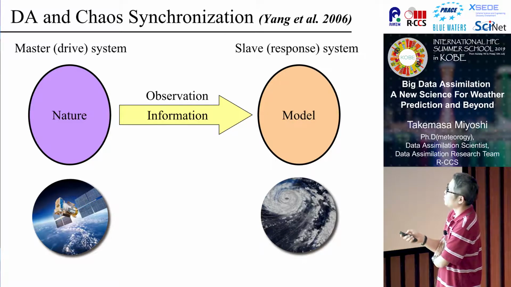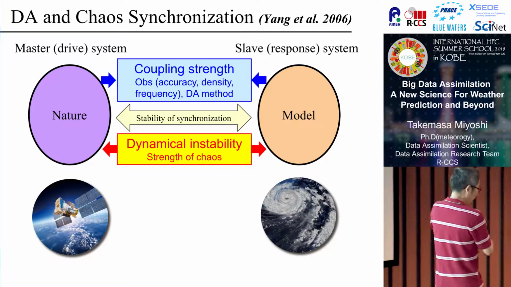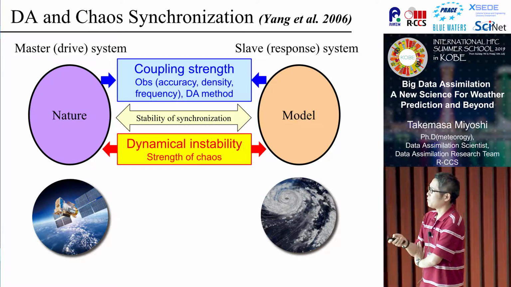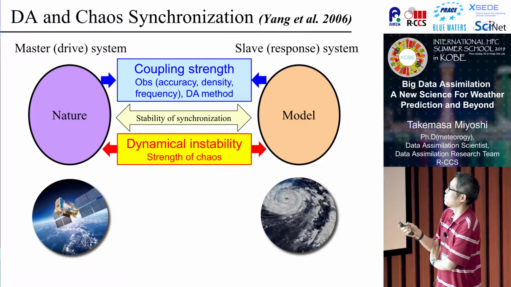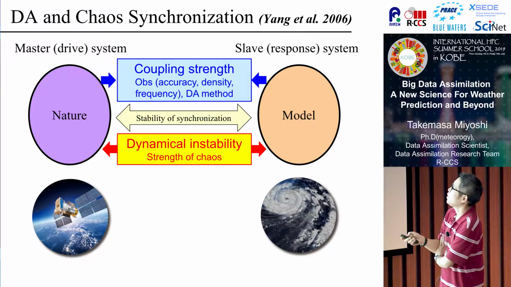So the idea is to make this model synchronize with nature. We can discuss the stability of the synchronization. If the synchronization is stable, then we can make the model very close to nature, and we can make the prediction. This is what we do in weather prediction.